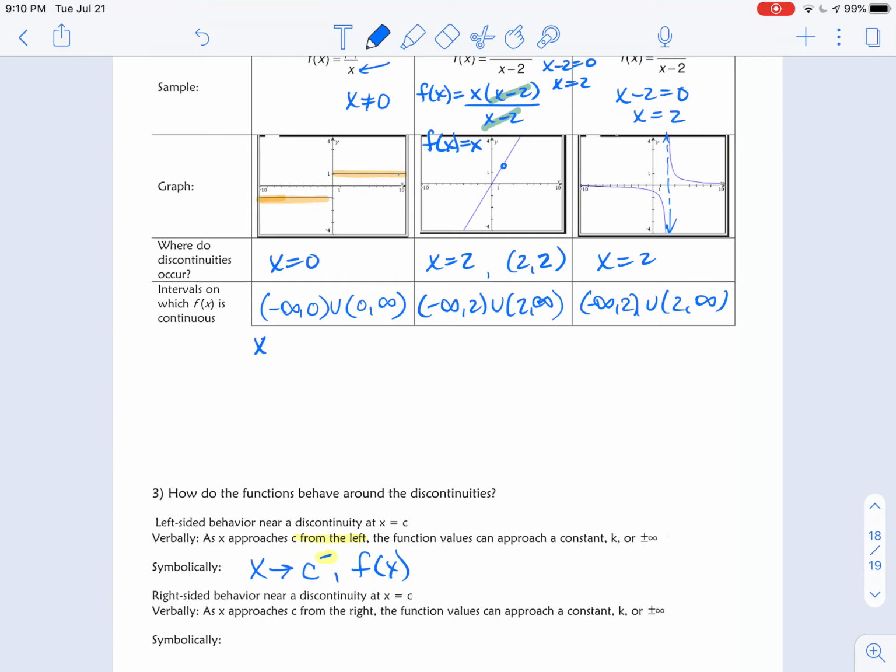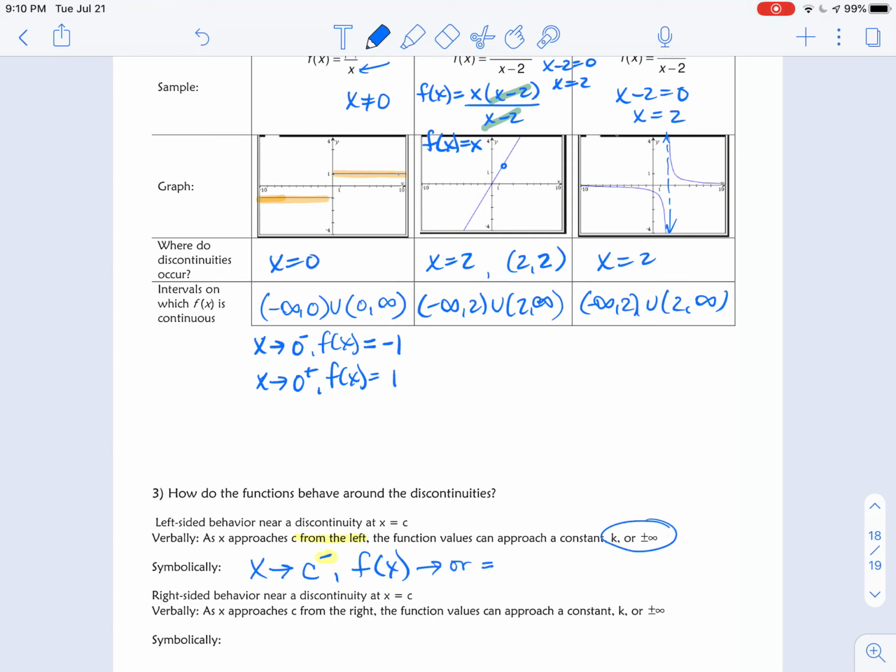It can equal a value, as this first problem did. So I'll just go ahead and write this up here. As x approaches 0 from the left, the function equaled -1. And as x approaches 0 from the right, the function equals +1. And so we have options.